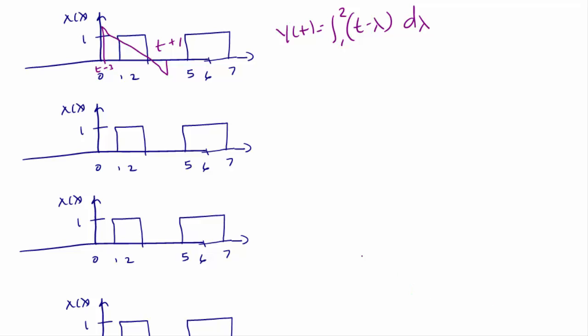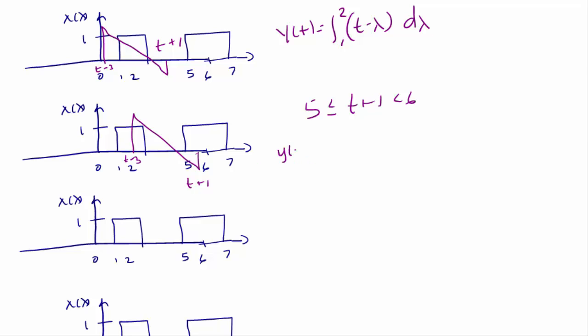Our next region is where t+1 is between 5 and 6. When t+1 is between 5 and 6, we still partially overlap the first block, and we're also partially overlapping the second block. So here's t+1 between 5 and 6, and here is the trailing edge, t minus 3.